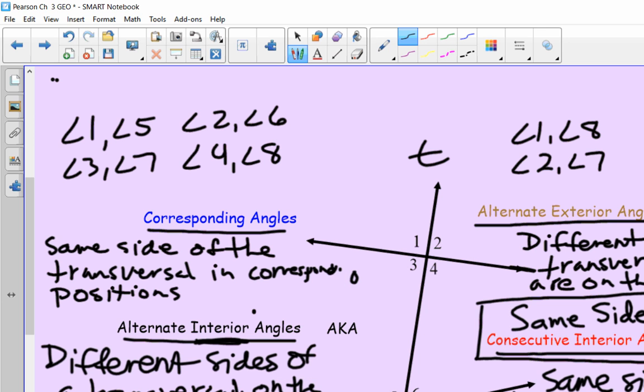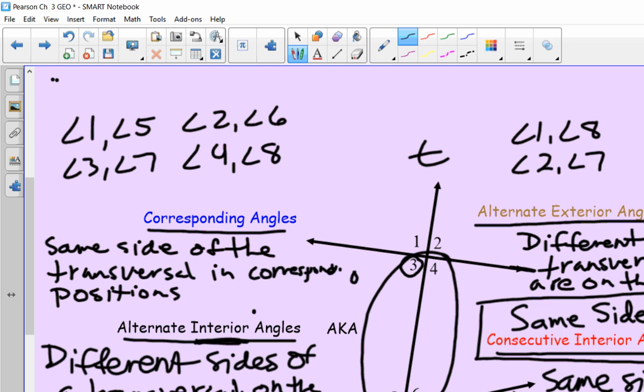All right. So one, I know that I'm looking on the inside. Both of these terms, consecutive interior angles and same side interior angles, have the word interior. So between the lines, all right? Okay. I'm going to start with angle 3. Now this is what we have to make sure we get all these different terms down.